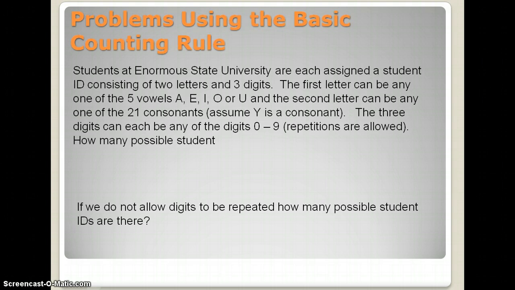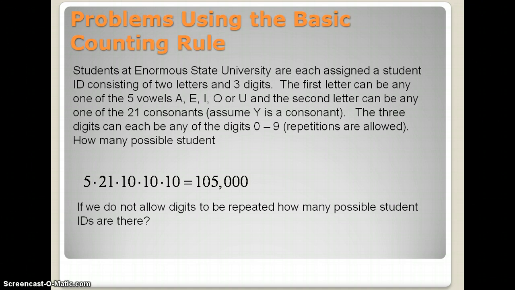So you might have 111, and that'd be fine at the end of the ID. So the first thing we do is we put the 5 out there, because there's only 5 choices for the very first one. It has to be one of the 5 vowels. Then there's 21 choices for the second location, and then because I can have repetition, there's 10 choices for each, the third, the fourth, and the fifth character. That gives me 105,000 different student IDs that are possible.